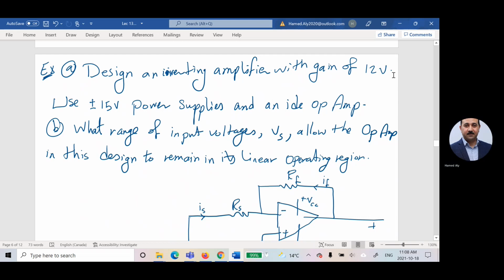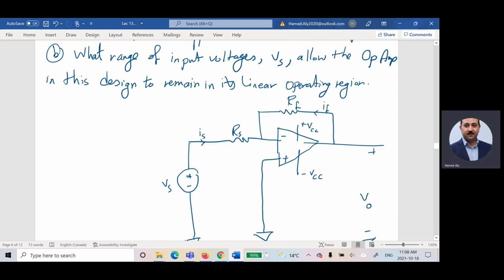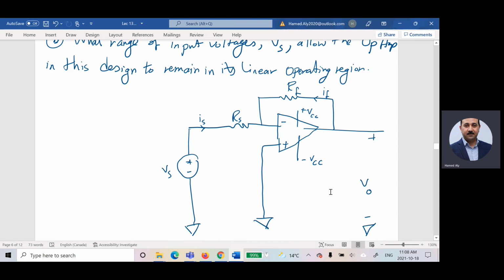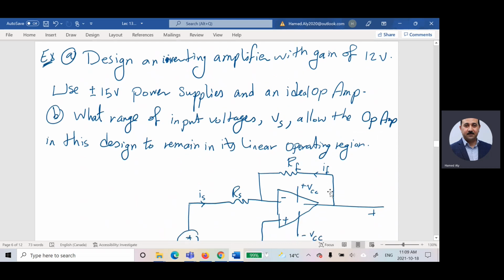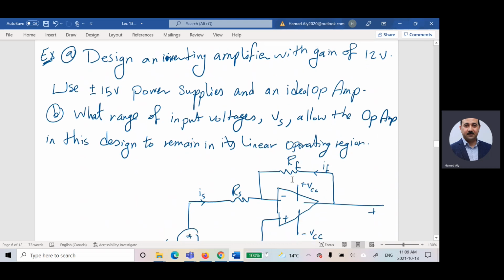Use positive and negative 15 volts as a power supply, and an ideal operational amplifier. I know the circuit for that operational amplifier should be something like that. By asking me to design, he would like me to find the values for RF and RS.